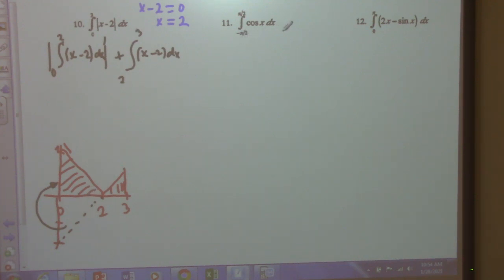And then what did you get for this one? Number 11. Did you do number 11? No, we just did 10. Do 10? Together. Okay, good. Yeah, do number 11 too.